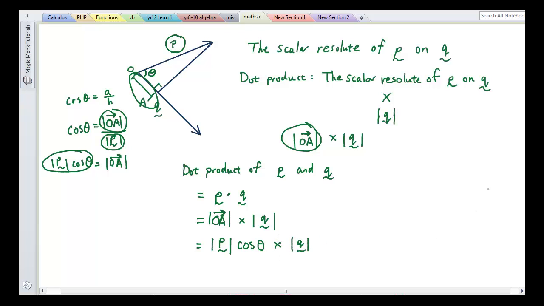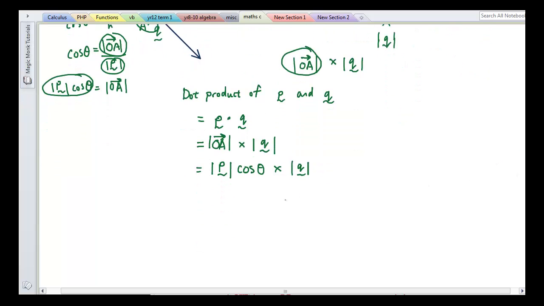the magnitude of Q. So this is often rewritten as, since multiplication is commutative, meaning that you can swap around. So for example, A times B is B times A. That works with normal numbers, and these are all scalar numbers.